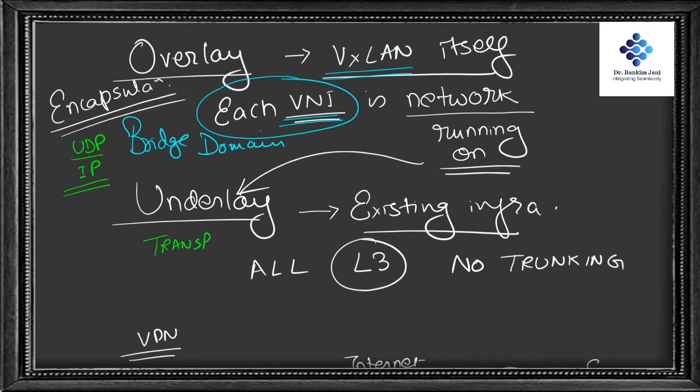And when things reach the destination, they will be decapsulated, because we don't want the user to be in trouble. The user should get a completely seamless experience. So the encapsulation done at the beginning should be decapsulated at the end.